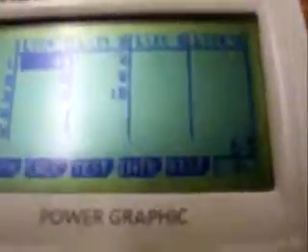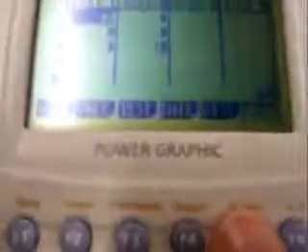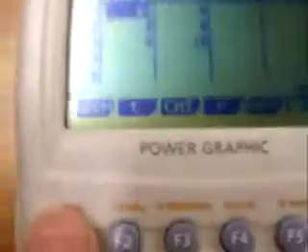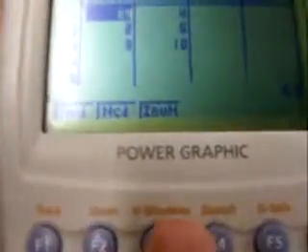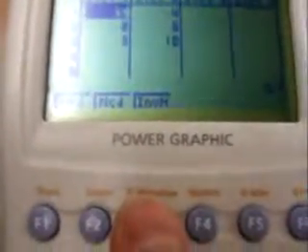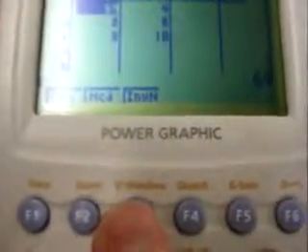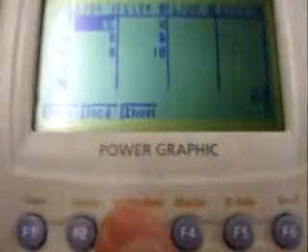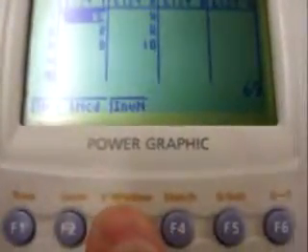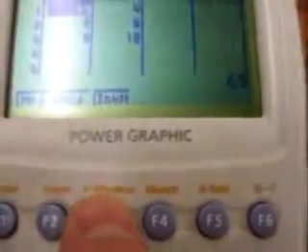And we'll go to distribution and normal distribution, inverse normal, because this is an inverse normal problem where you're trying to work out the boundaries. You're not given the boundaries, but you're working them out. Inverse normal.